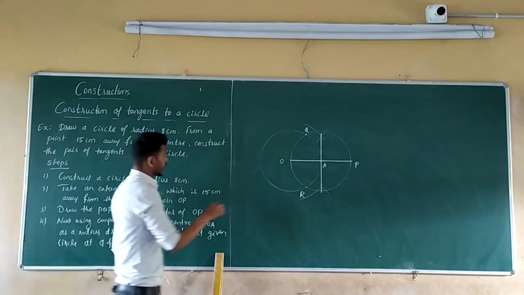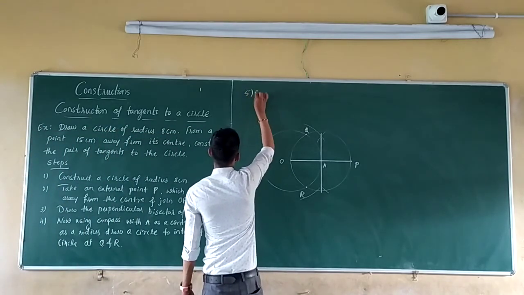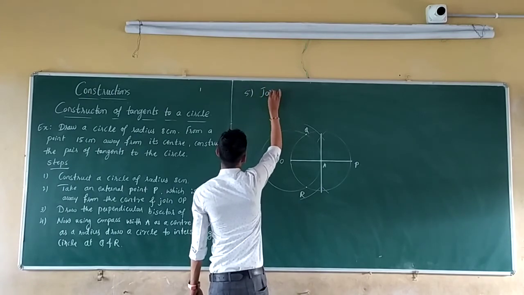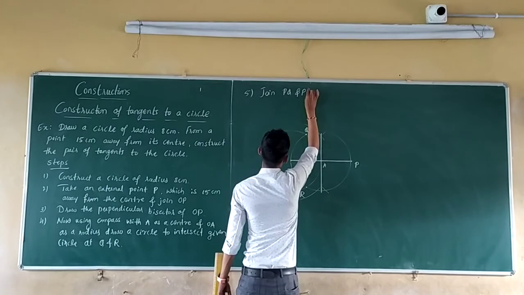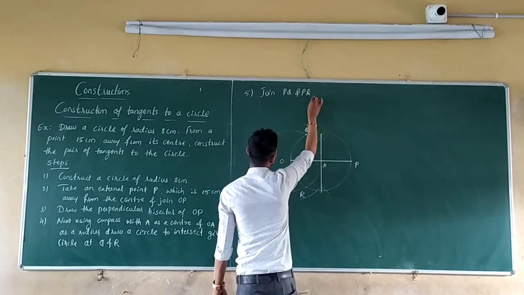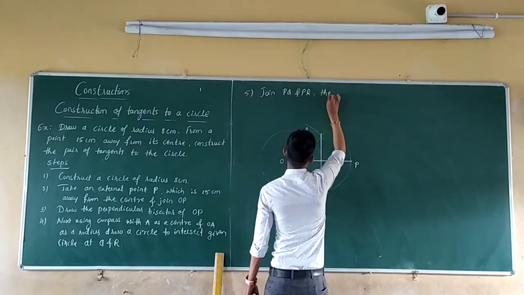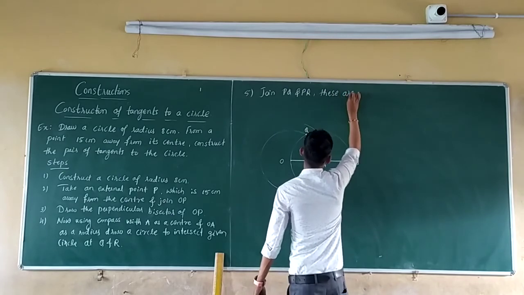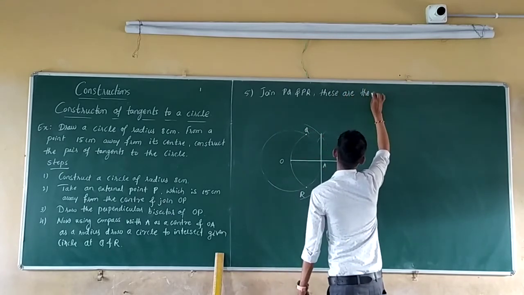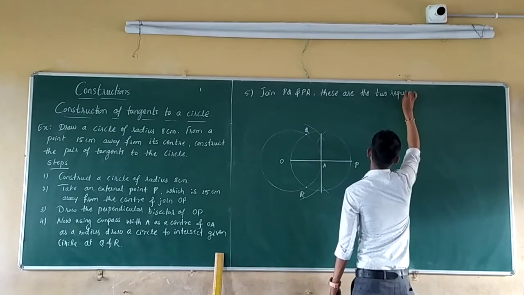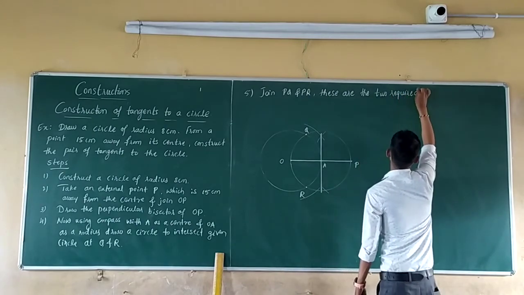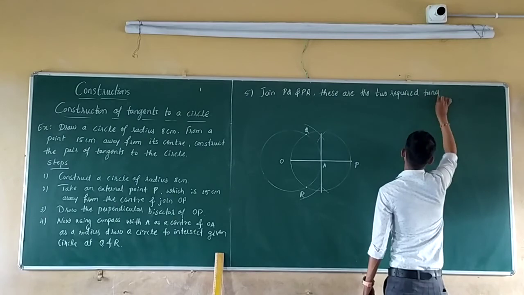So fifth step is join PQ and PR. So these are the two required tangents.